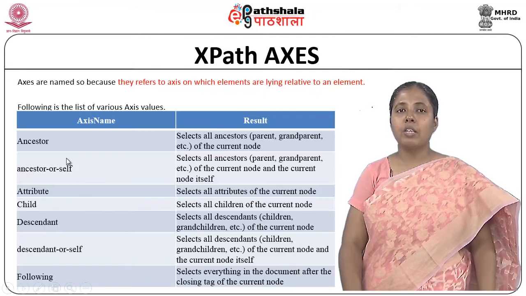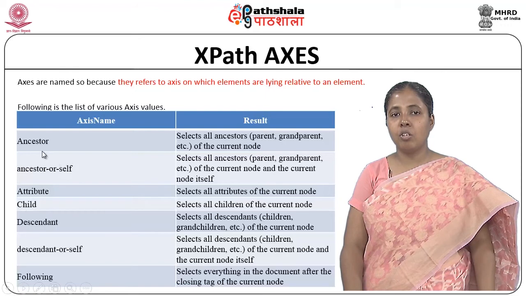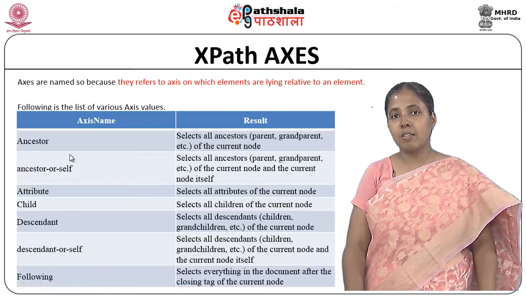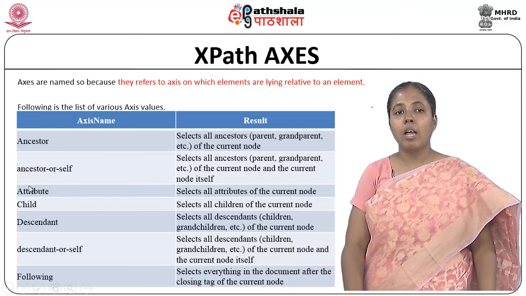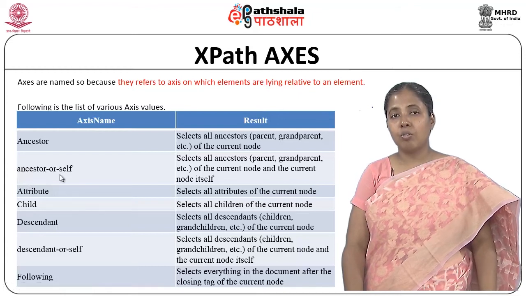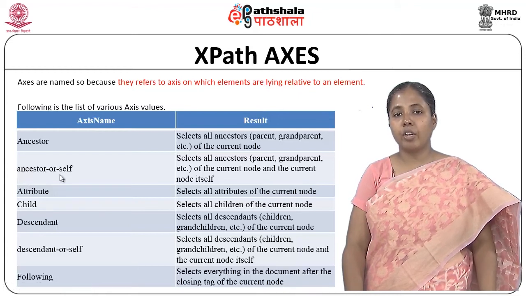We use an axis name like ancestor, which selects all ancestors. Ancestors means it can be a parent, grandparent, etc. of the current node. Ancestor-or-self selects all ancestors of the current node and the current node itself. Attribute selects all attributes of the current node.